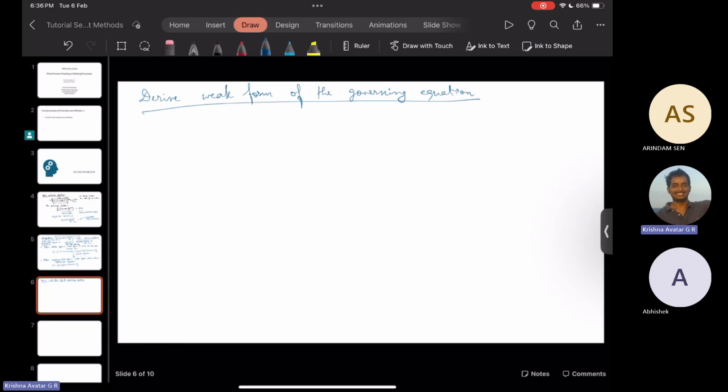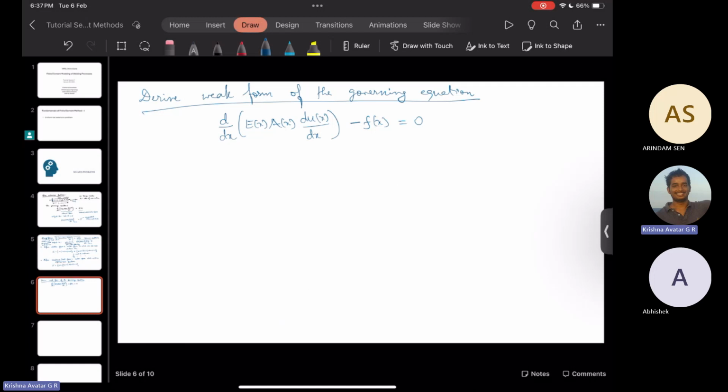In order to derive the weak form of the equation, we will have d/dx of E(x), A(x), du/dx. I'm just writing it for the sake of mathematical clarity. And then we'll bring f(x) to the left hand side and equate to 0.